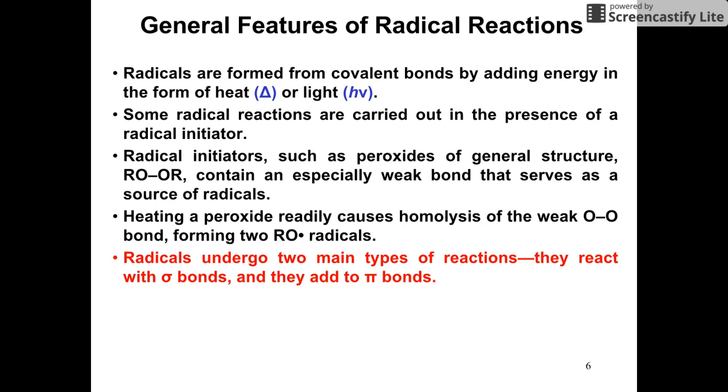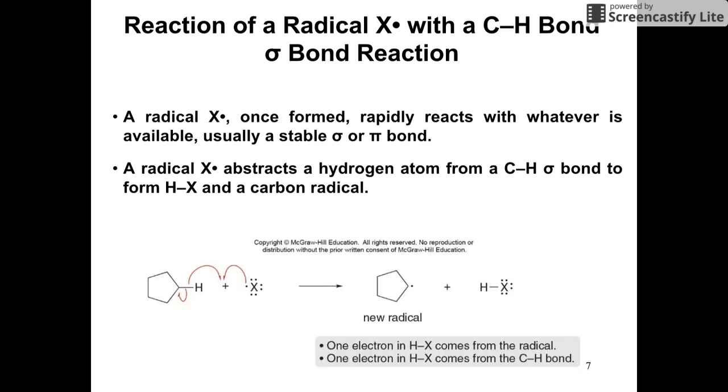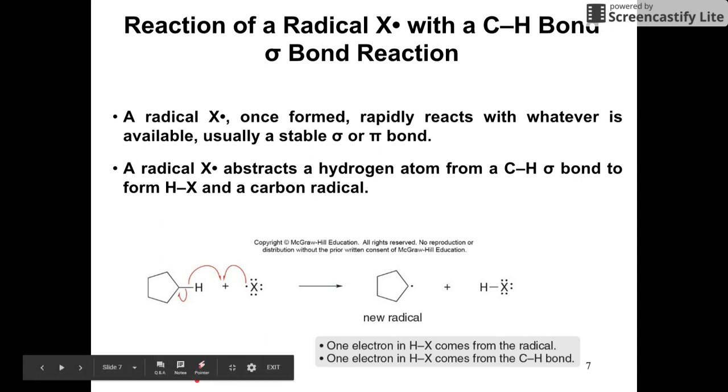I'm going to show you an example of that, and that will then end this little mini lecture. If a radical reacts with a CH bond, essentially it's abstracting that hydrogen, and it leaves a carbon radical. A diagram to show that is here, where X is the radical that is formed.